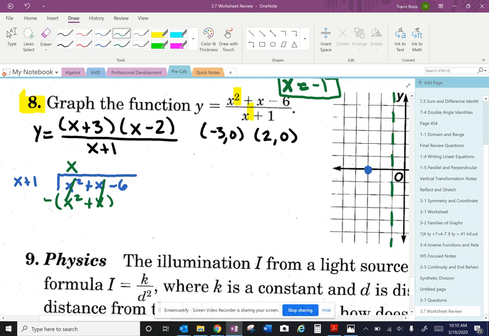Ooh, these cancel as well. And I'm just left with negative 6, which is my remainder. So this is going to be minus 6 over x plus 1. I'm going to rewrite that. x minus 6 over x plus 1.